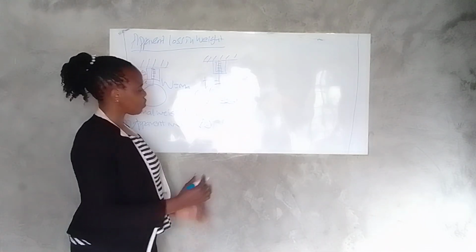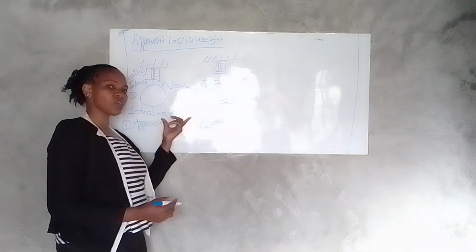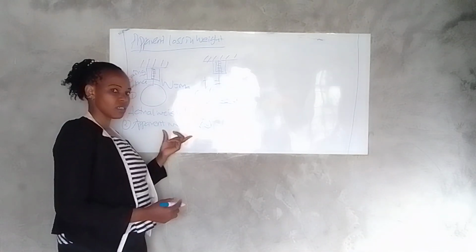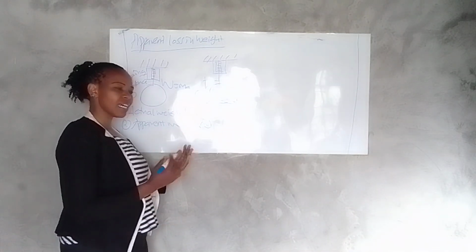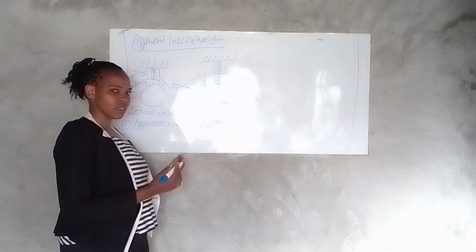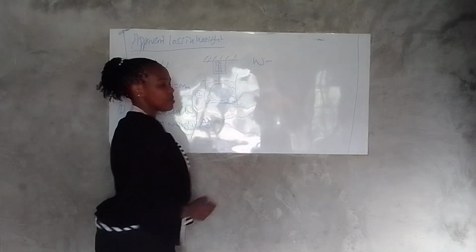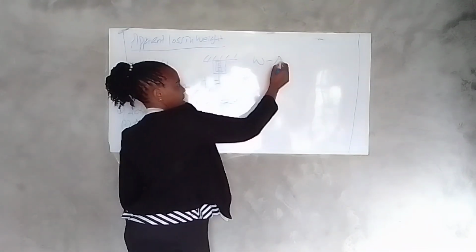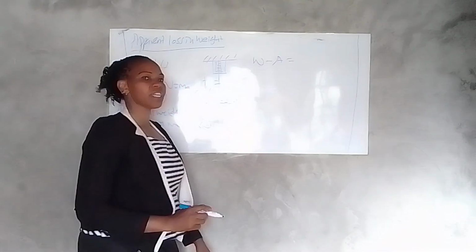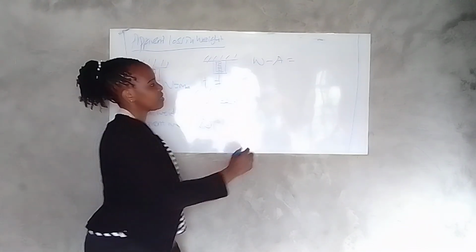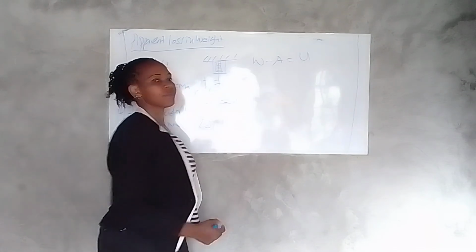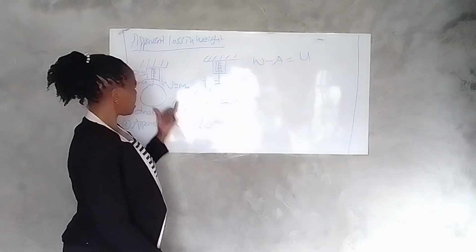Because the weight is always greater than the apparent weight, if I take the weight and subtract the apparent weight, what I get is upthrust. Let's see why.